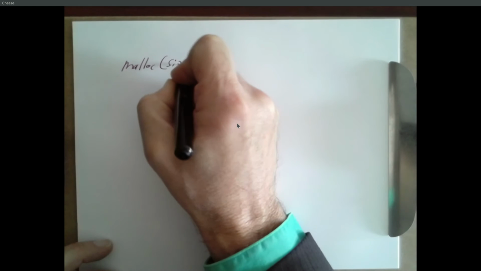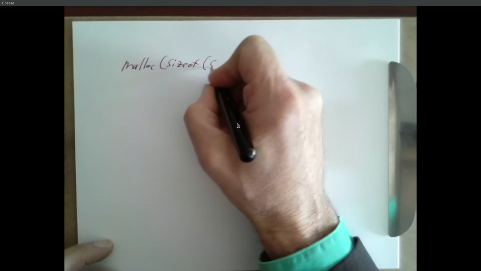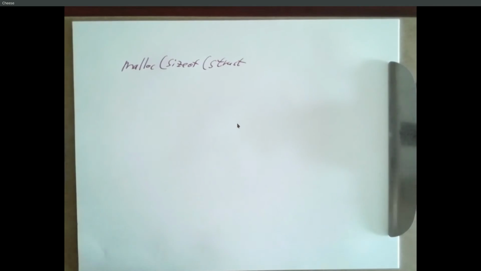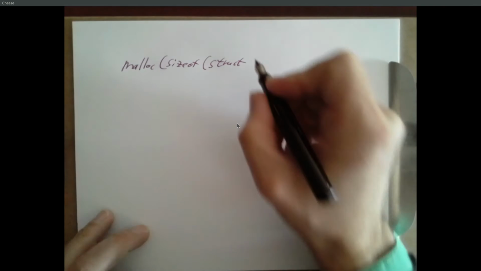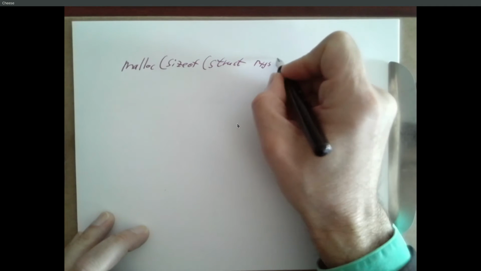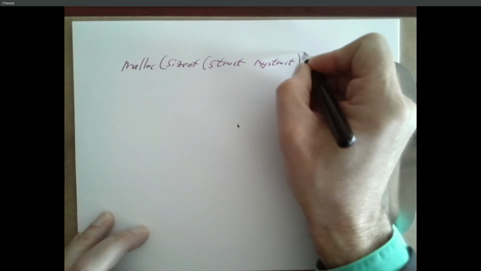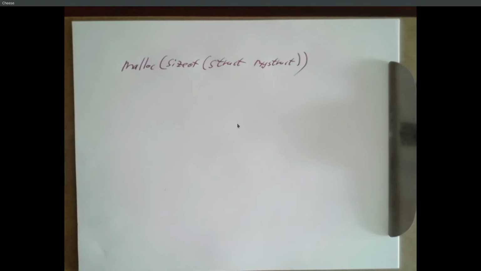We say whatever the size of that structure is, I forget what I call it, my structure, allocate that many bytes. And it will go ahead and calculate at compile time how much memory it needs for this structure, and then malloc will malloc that many bytes.